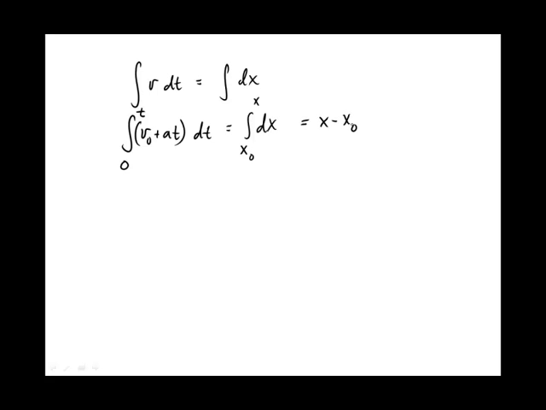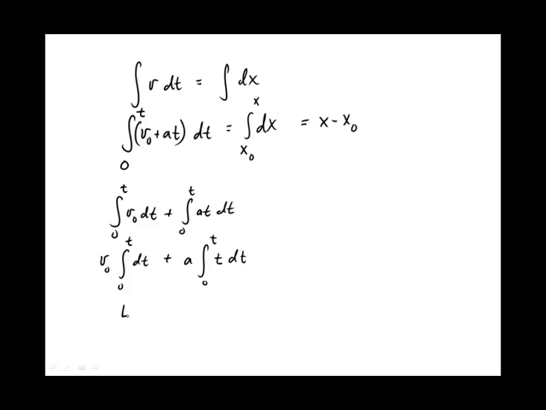This is just x minus x naught. Here I get the integral of v naught dt plus the integral of at dt, again integrating from 0 to t, but v naught is a constant, so this is just the integral of dt from 0 to t, and a is a constant, it comes out, but t does not, it stays in. Integrate that from 0 to t.